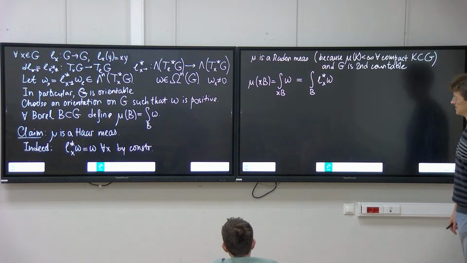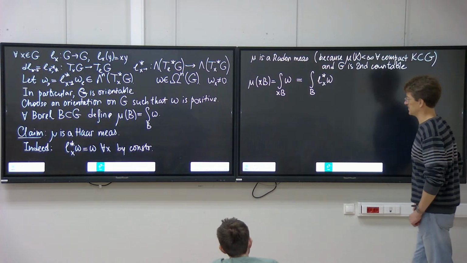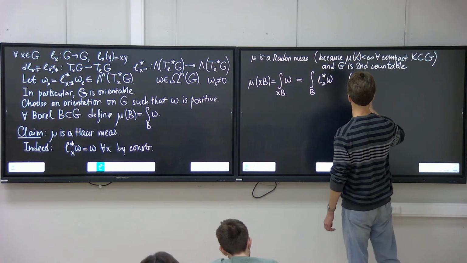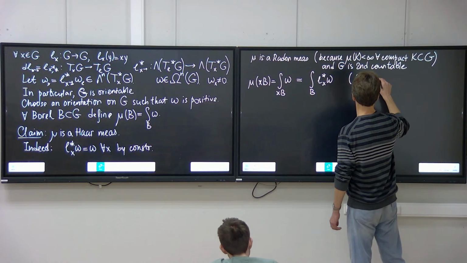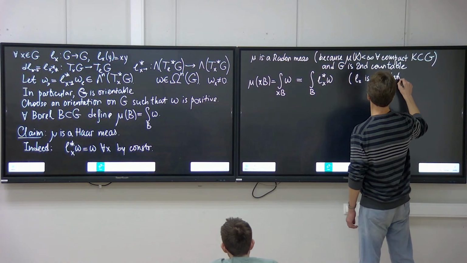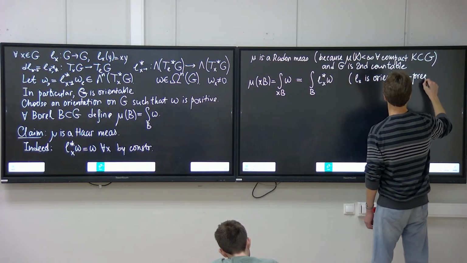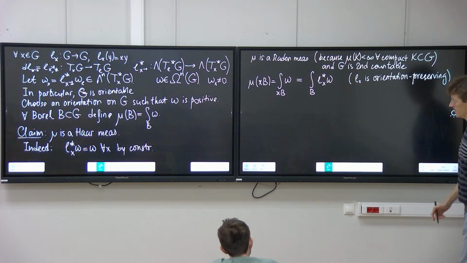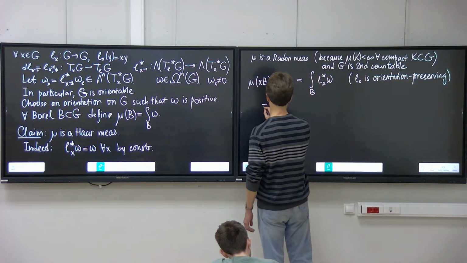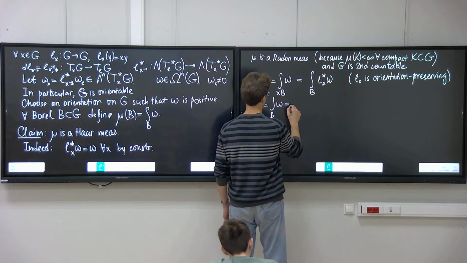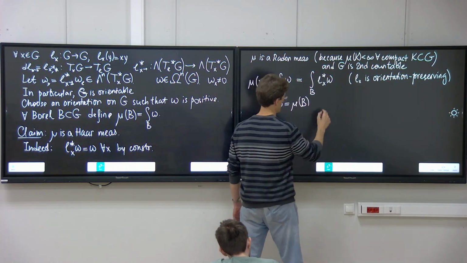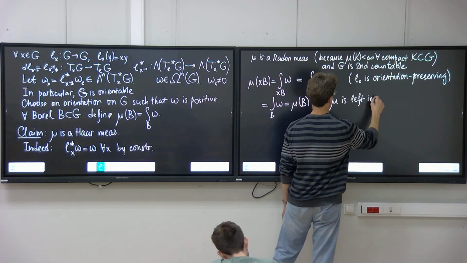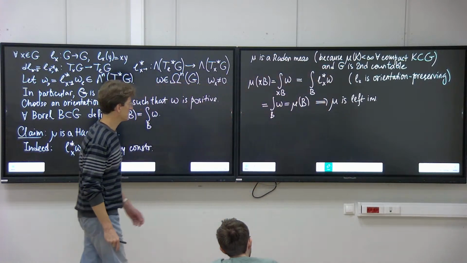And here we use the fact that Lx preserves the orientation, just by construction. So since it is orientation preserving, we have this formula. But omega is left invariant, so this is equal to the integral of omega over B. And this is mu of B. And that's it. So we deduce that mu is left invariant. So it is a left Haar measure on G.